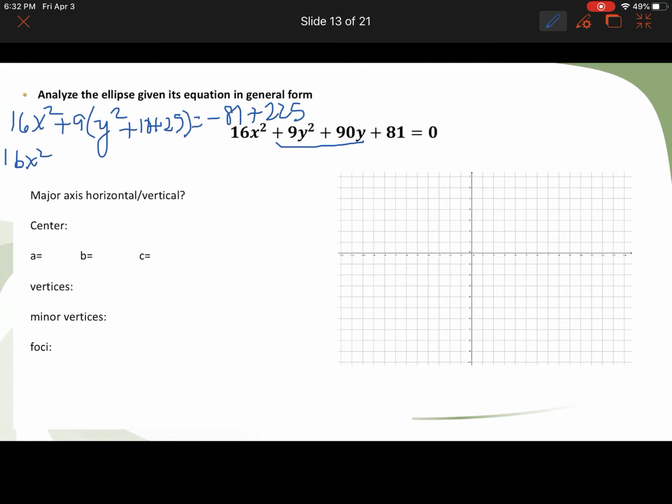All right, so let's see, that's going to be 144. I divide everything by 144. All right, so we have x squared over 9.